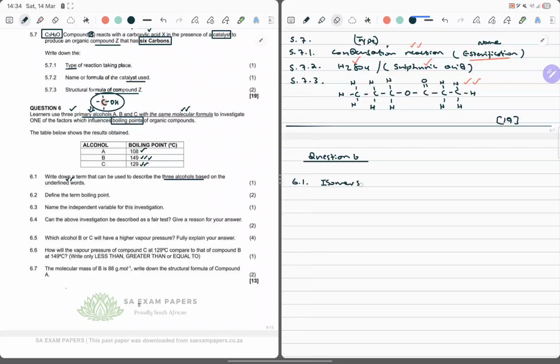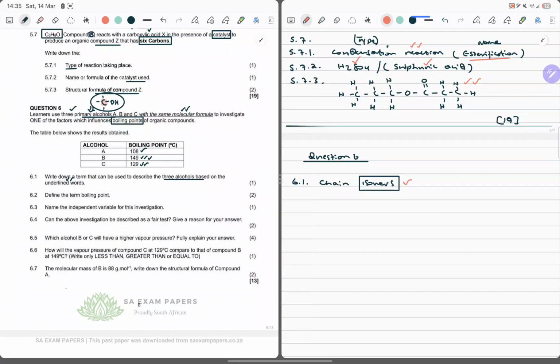Because I feel like this should be the case. You can say these are the chain isomers. But if it is just one mark, I think isomers alone would be good enough.